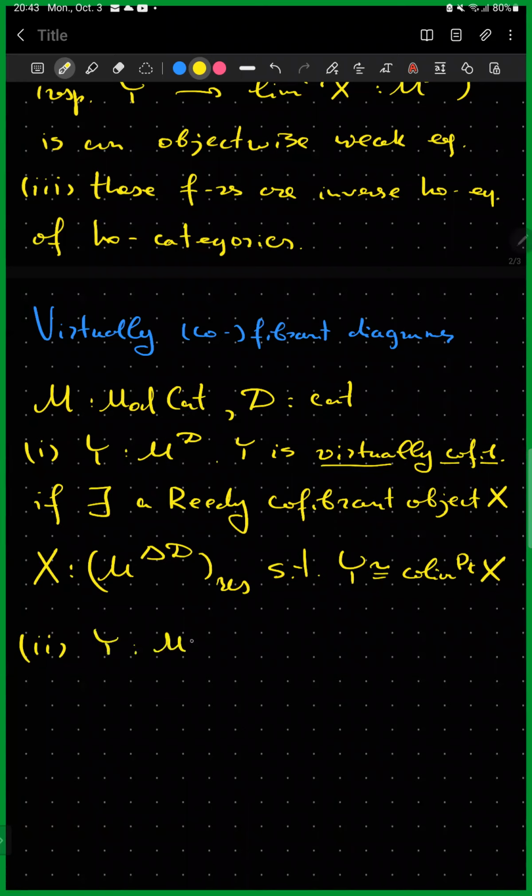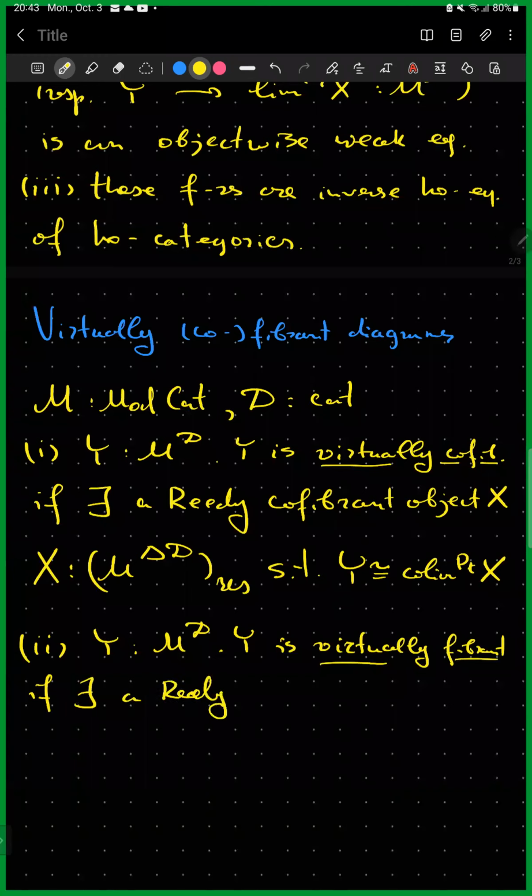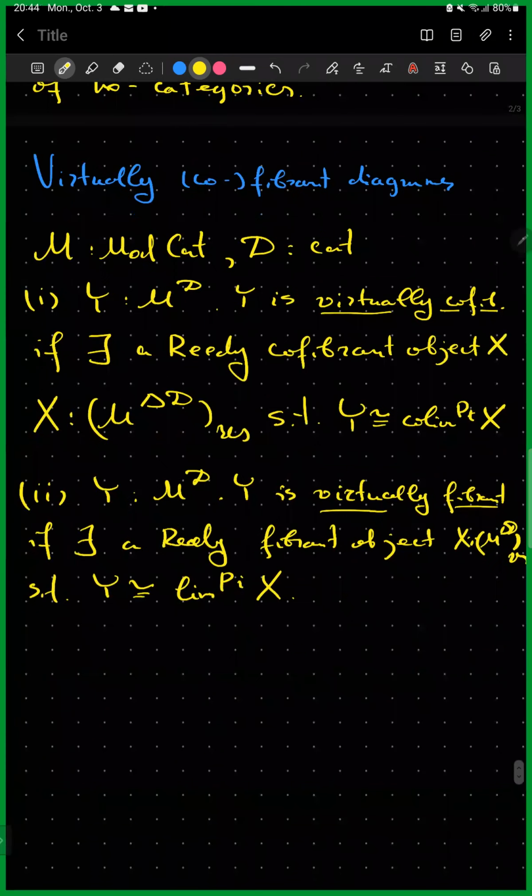And similarly, if Y is a diagram, we call it virtually fibrant if there exists a really fibrant object X, also a restricted diagram, such that Y can be represented as a limit of the initial projection functor on this X. Finally, we assemble all these objects into full subcategories.